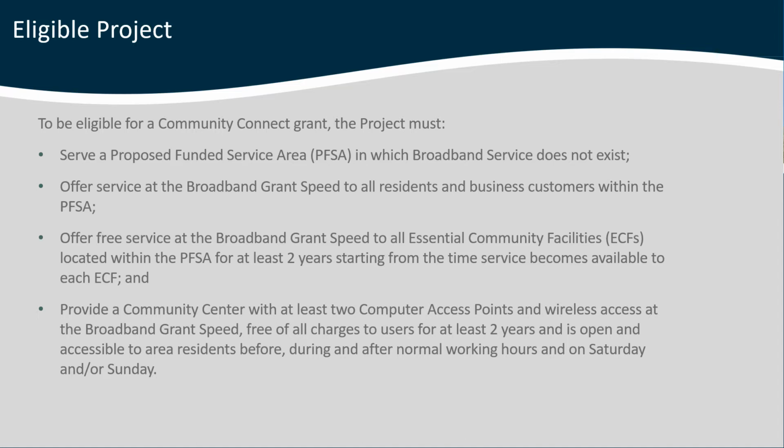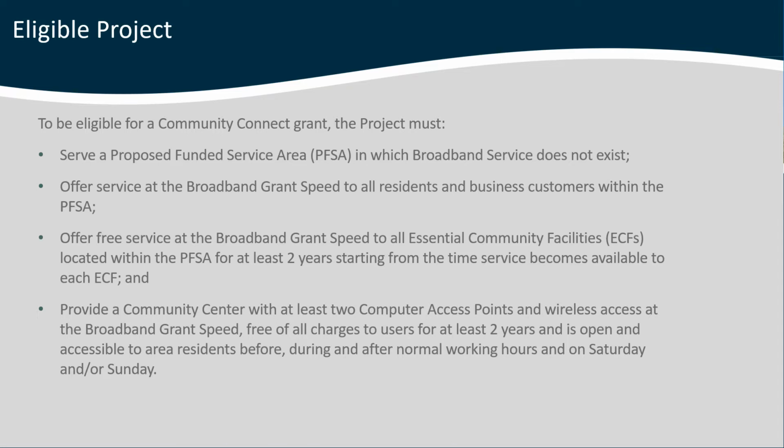In terms of an eligible project, the project must serve a proposed funded service area, that is PFSA, in which broadband service does not exist. That's that 10 megabit per second down, 1 megabit per second up. Offer service at the broadband grant speed to all residents and business customers within the PFSA. That's that 25/3 that we just talked about.